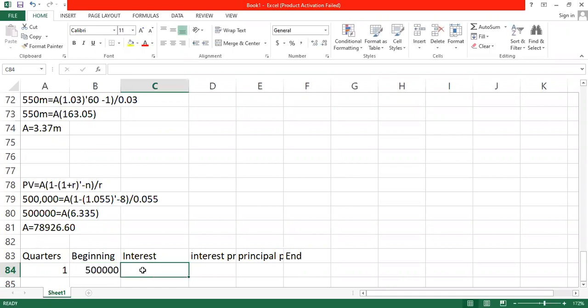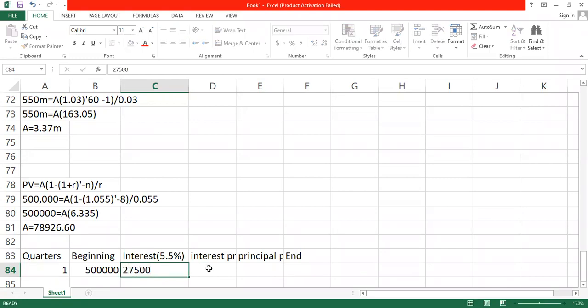What is the interest that we are paying on it? The interest rate is what? 5.5, isn't it? Yes. So what will be the interest on it? 27,500.